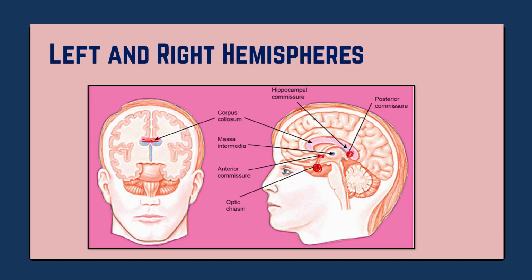Anterior means in the front, posterior means in the back. So we have an anterior commissure, then we have a posterior commissure. Besides that, we have a hippocampal commissure. Where is it? At the hippocampus. Then we have a massa commissure here. Alright, so these are the different bands of neurons which are connecting the two hemispheres.